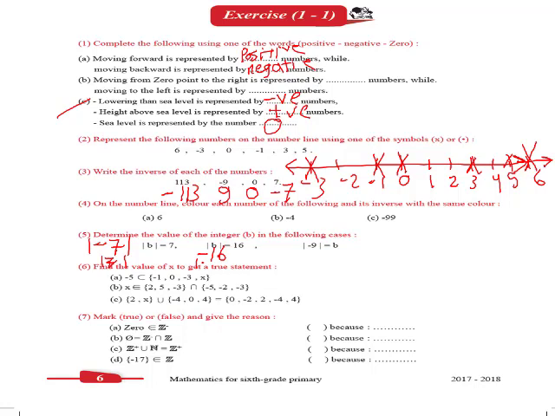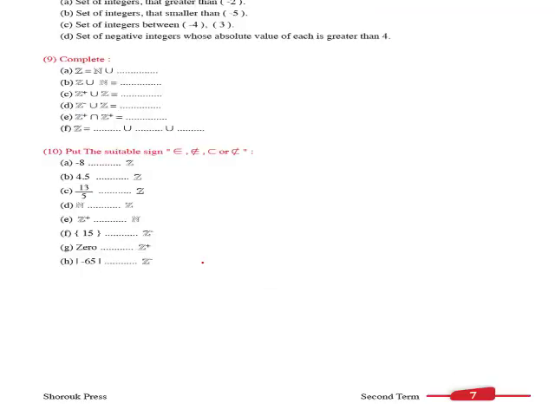Okay, let's see the next page. Put the suitable sign. Negative 8 belongs to Z. 4.5 does not belong to Z. 13 over 5 does not belong to Z. N is a subset of Z. Z positive, which is the set of positive integers, 1, 2, 3, and so on, is also a subset of N. 15 does not exist in Z negative, so we say not subset. 0 does not belong to Z positive.